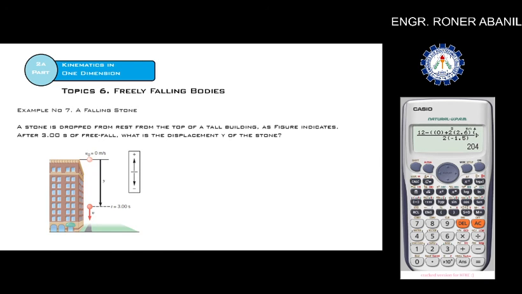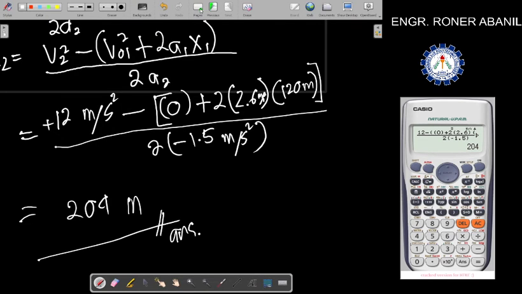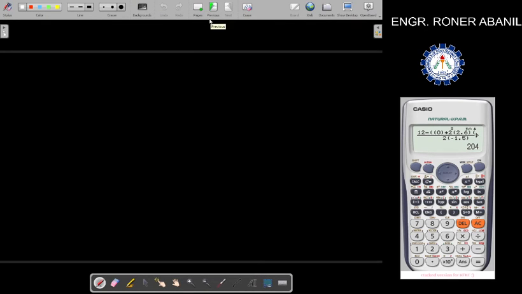Ang tatandaan lang natin dito sa free fall na to, yung acceleration due to gravity. Okay? Yung g na to is equal to 9.80 meters per second square.